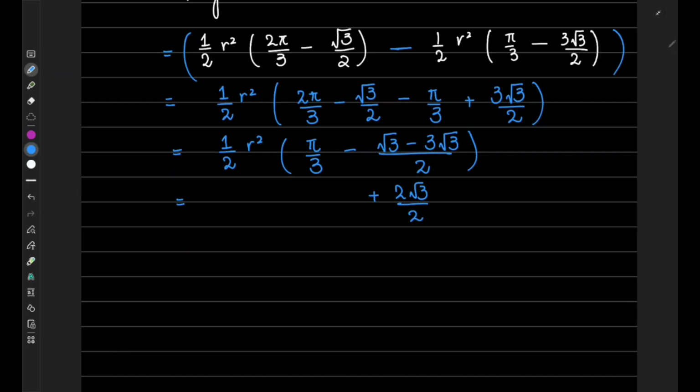Root 3 minus 3 root 3 is minus 2 root 3, and minus minus plus, so that turns out to be this.